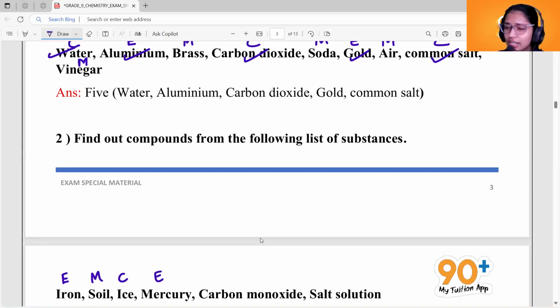Carbon monoxide. We know carbon dioxide is a compound. Is carbon monoxide a compound? Of course, it is a compound. When two elements combine in a fixed proportion chemically, we will get a compound.